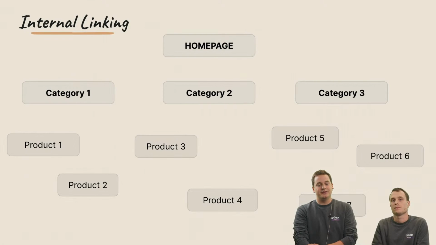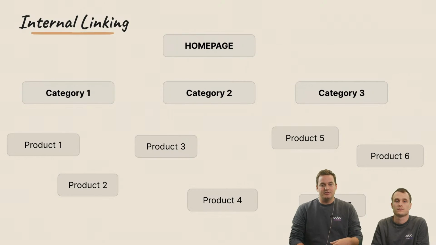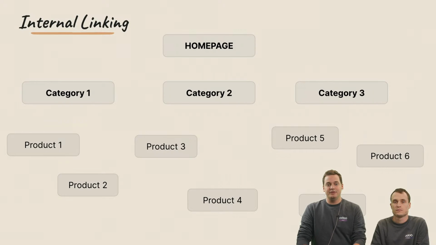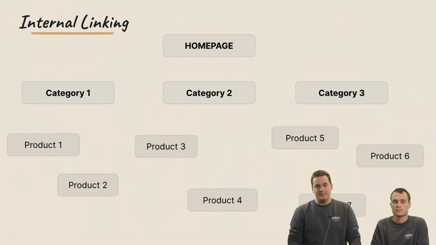So about the internal linking, let's imagine that your website looks like this. You have a home page, and then you have 3 categories, and in each category you have different products. Our goal will be to create an internal linking, allowing the user, but also the search engine, to understand how to navigate through your website.